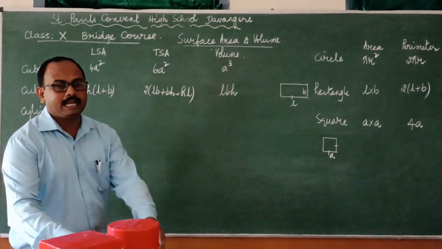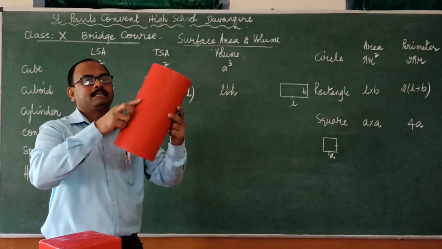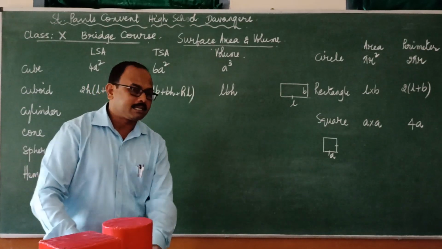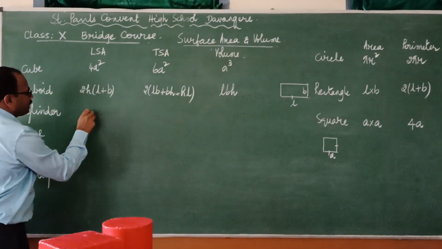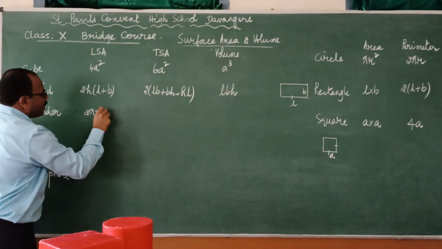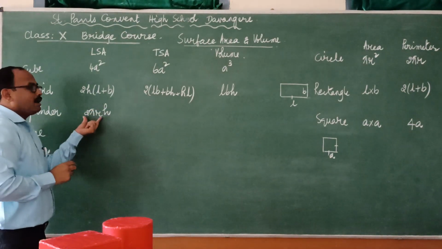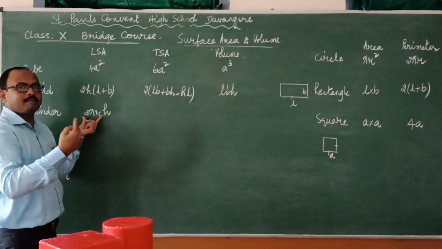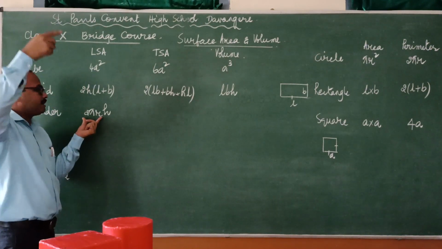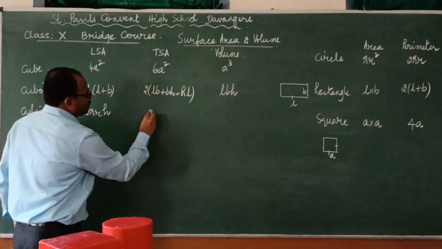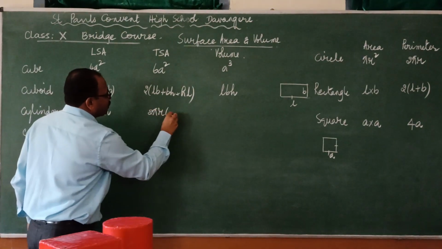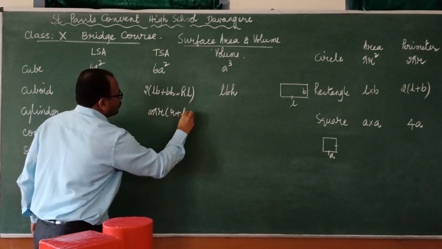Then we have the cylinder, children. Its lateral surface area is 2 pi r h, children. 2 pi r is the circumference of the circle. Circumference into height becomes the lateral surface area. Total surface area becomes 2 pi r into r plus h.